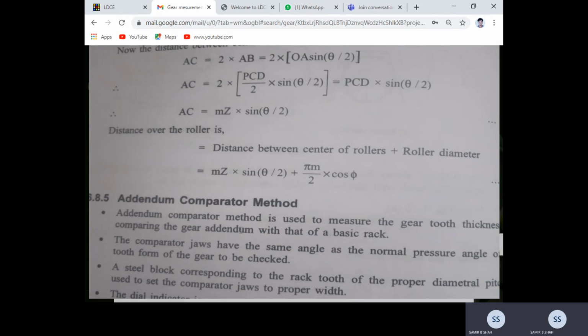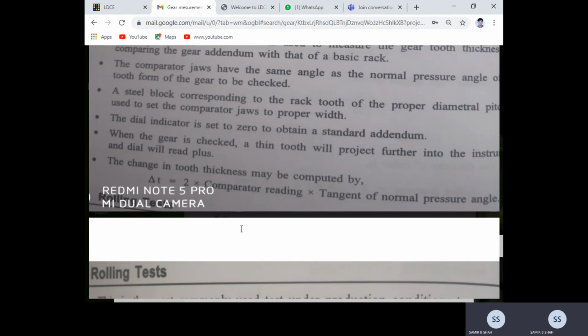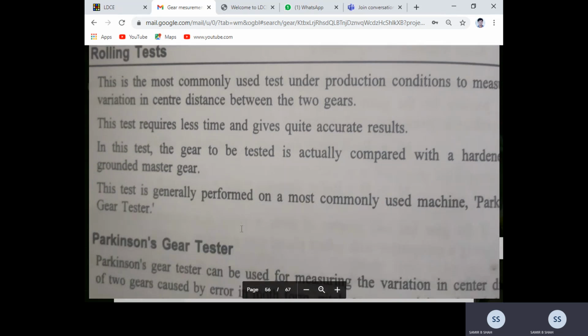In this test, the gear to be tested is compared with a hardened and ground master gear. You have to remember that. This test is generally performed on a machine called the Parkinson gear tester.